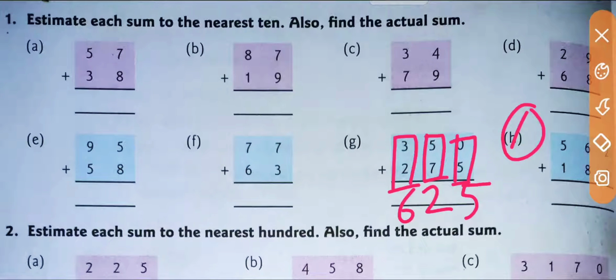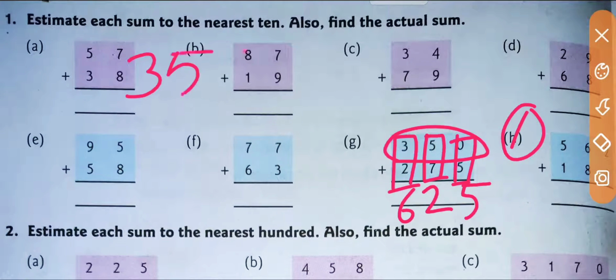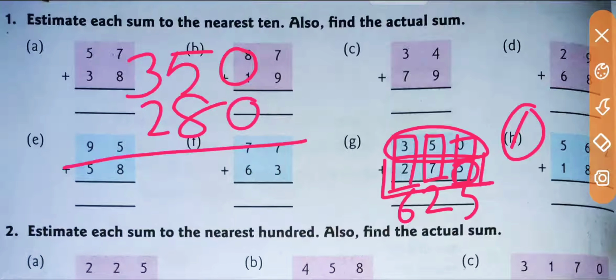First we have to round the number 350. If we round 350 to the nearest 10, then we will get 350. And if we round 275 to the nearest 10, then we will get 280.